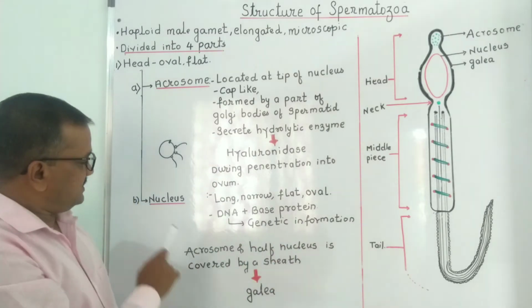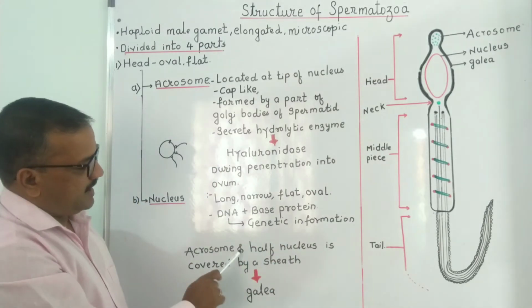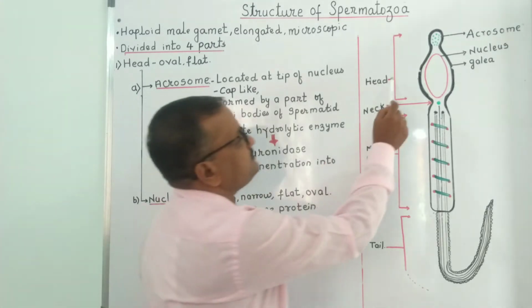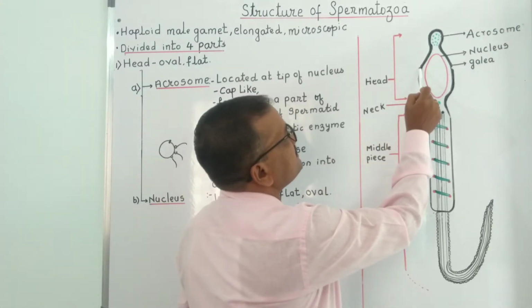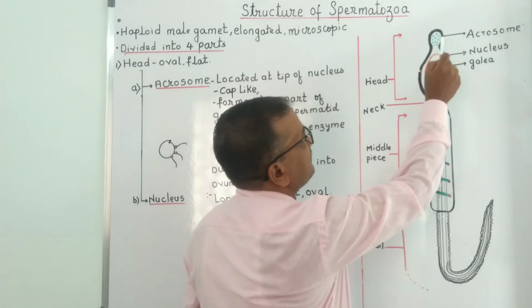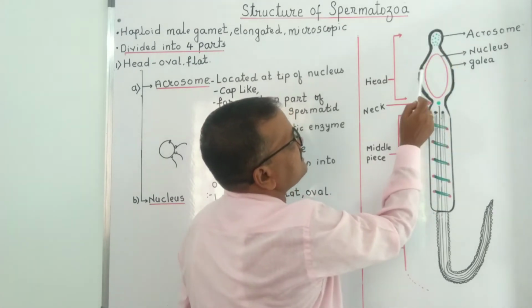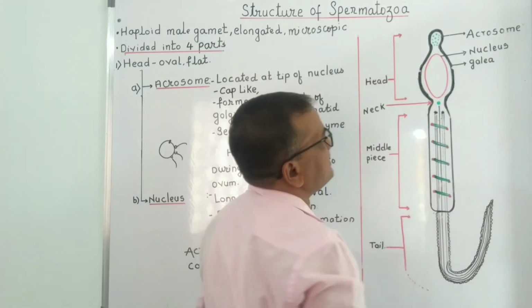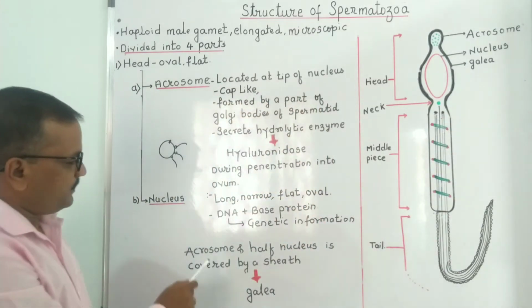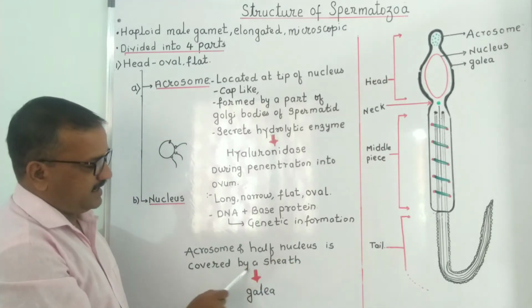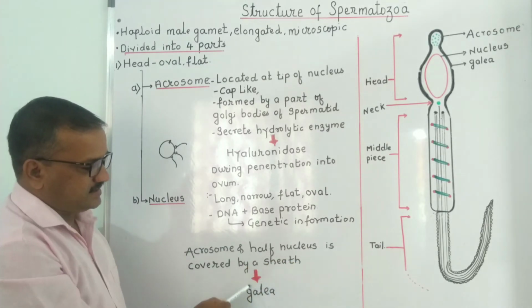The acrosome and half the nucleus are covered by a sheath. If you see the head region, this black covering is a sheath, and this sheath is called galea.